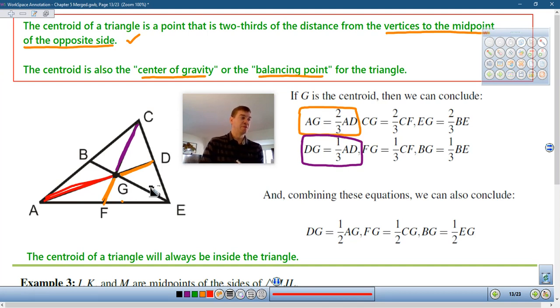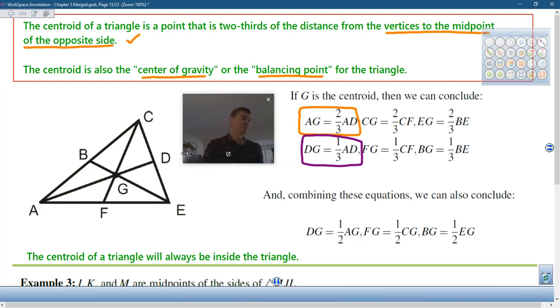And we can do the same for BE. BG is half of what GE is. And that's what these are saying here. So as long as you can remember that this is 2/3, then you should be able to remember that this is 1/3, and that 2/3 is twice as much as 1/3. So those are the relationships you need to know.